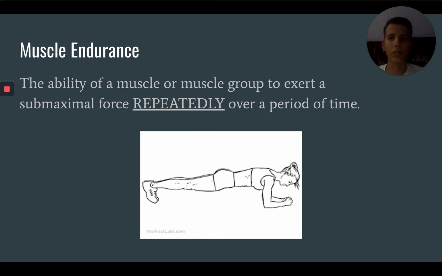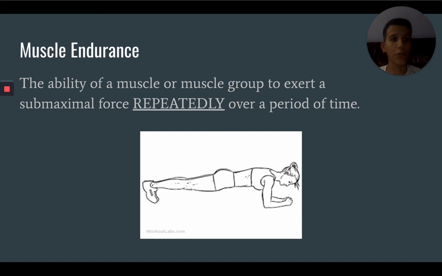Muscle endurance. So it's the ability of a muscle or muscle group to exert submaximal force repeatedly over a period of time. It's pretty much being able to do something for a longer period of time. So, for example, in this picture, this person is doing a plank. If you first start it, maybe you can only do 5 seconds or 10 seconds. Over time, that time gets longer and longer.